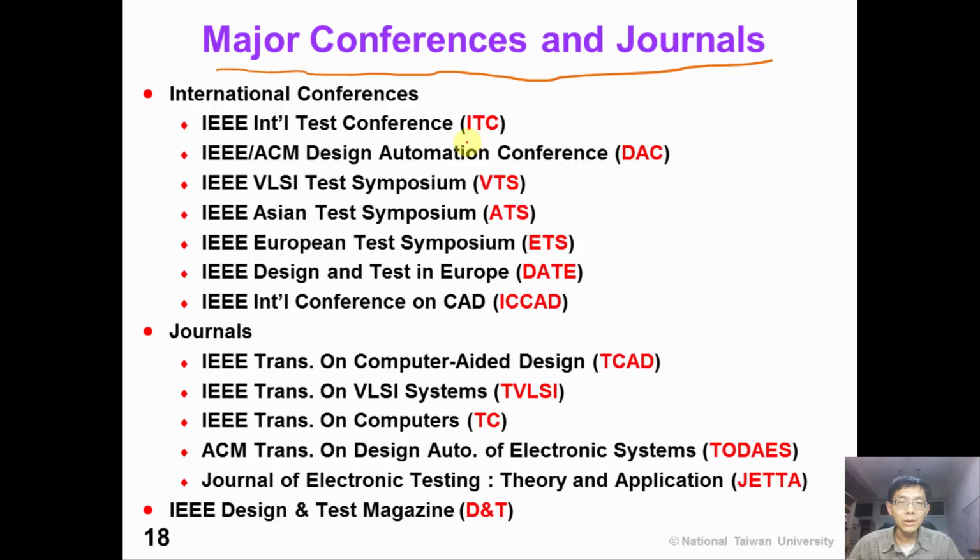For example, the world top conferences are ITC, DAC, and etc. The top journals are Transaction on Computer-Aided Design and Transaction on VLSI System, and etc. There is also a Design and Test magazine for the general audience.